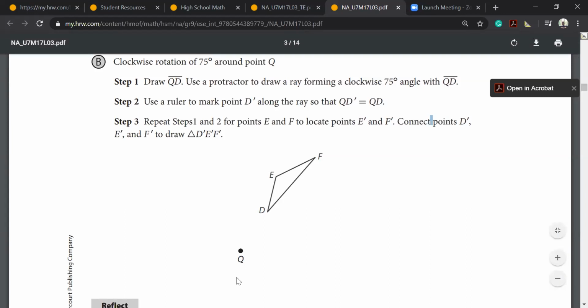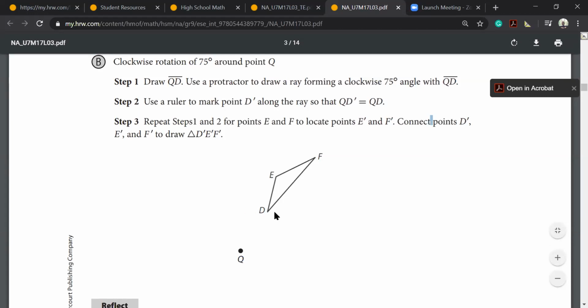And as we said, the protractor can either be put in this way with the center at D and facing this way, or it can be put on the other side, in here. According to what? According to the direction. Here it is telling you clockwise. Clockwise, meaning D should be rotating in this direction.